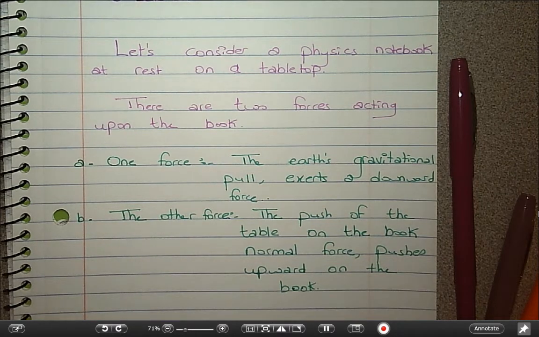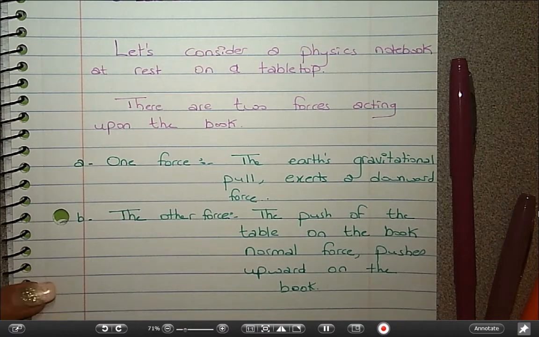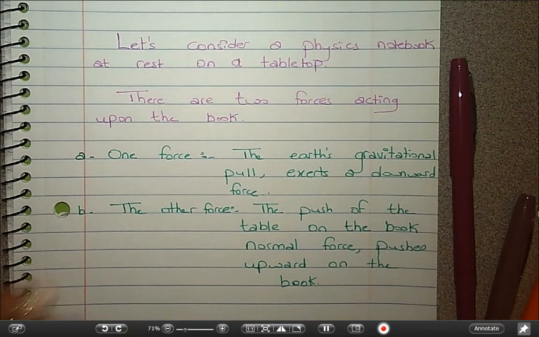Okay, and this way actually the book is not floating, right? So let me show you this in a diagram.